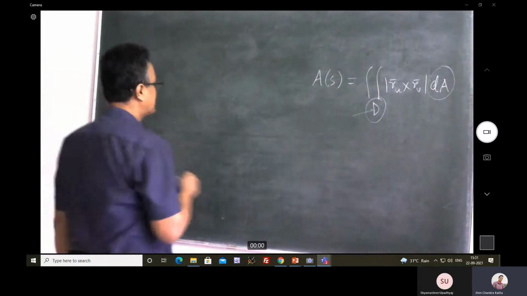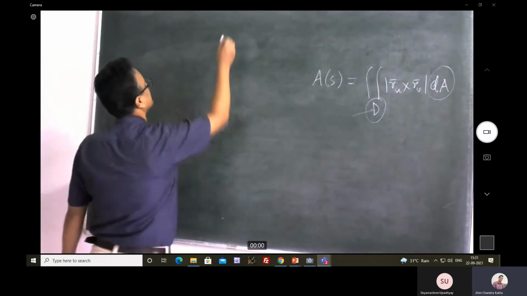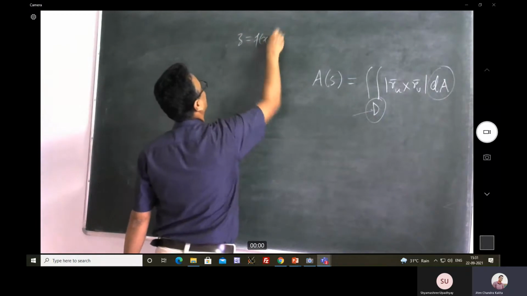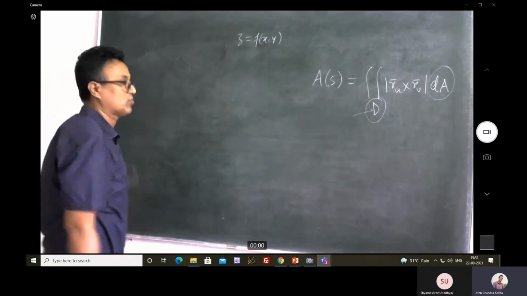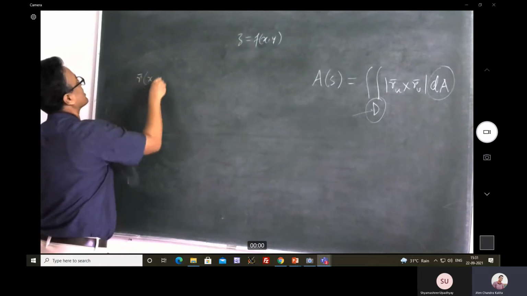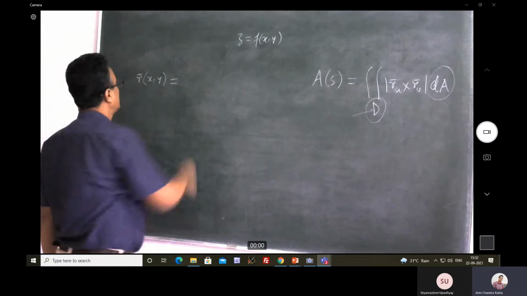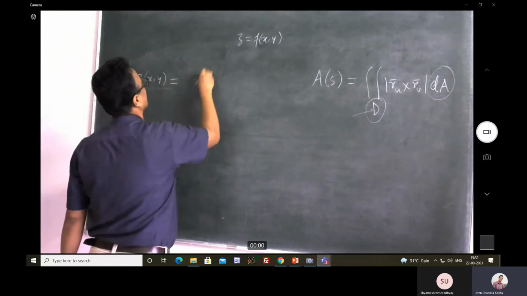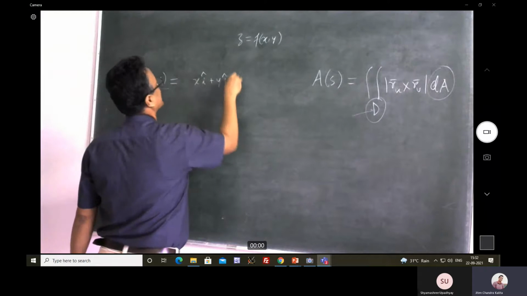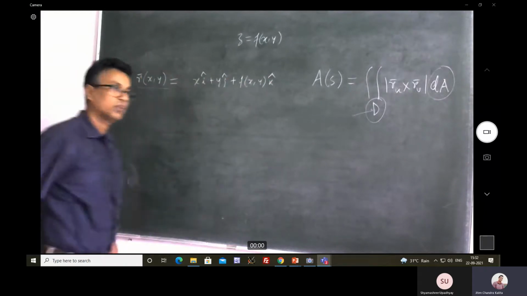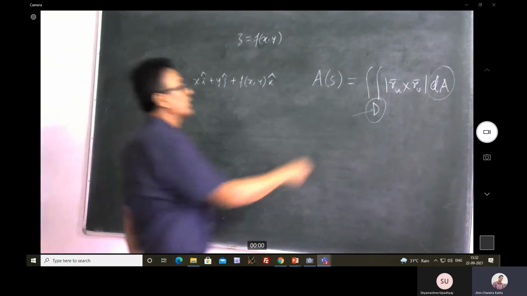So in that case, if the surface is given to me by z equal to f of x, y, then I am simply going to use this parameterization, where R is given by xi plus yj plus f of x, y k.